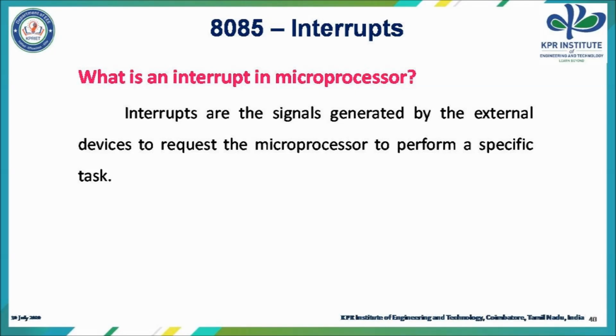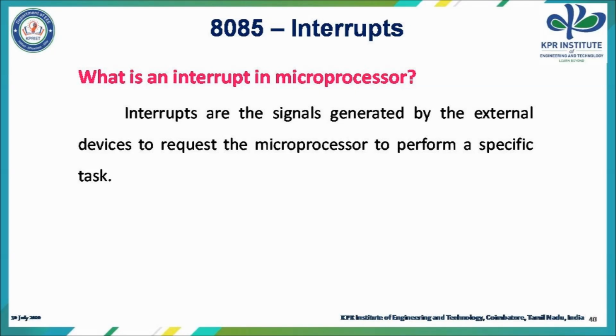The interrupt signals will be sent by the external device whenever they are in need of the service of the microprocessor. When the microprocessor receives the interrupt signal, it will send one interrupt acknowledge to the corresponding device and it will check the priority of the interrupt.